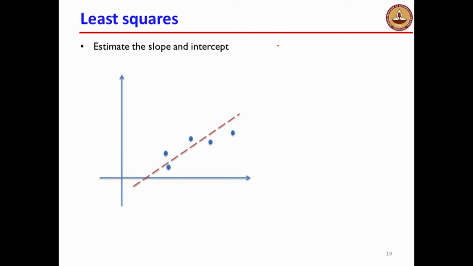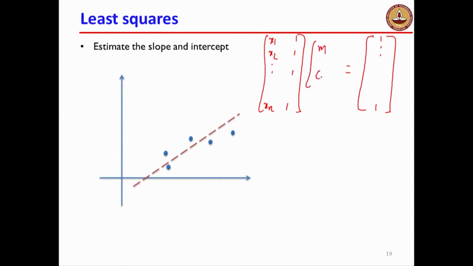By the same logic, I am going to try to find 1's. So this I am going to call my matrix A, and maybe this as theta and this as B. Right, I now have more columns, more equations and unknowns.